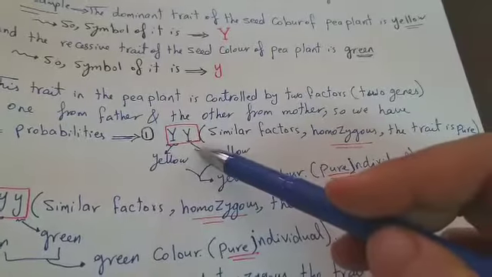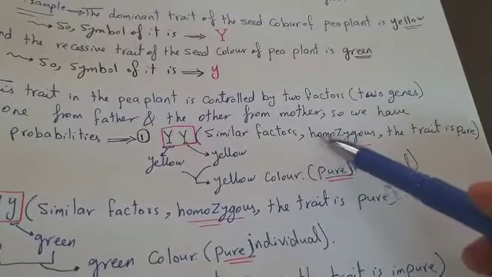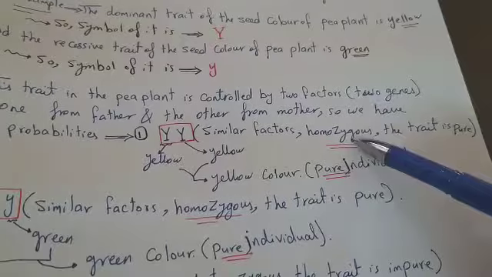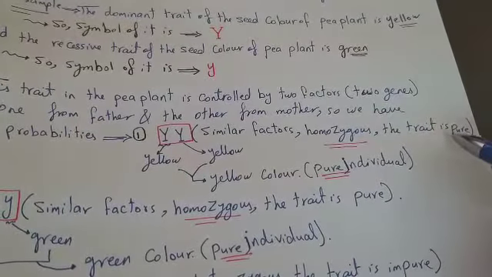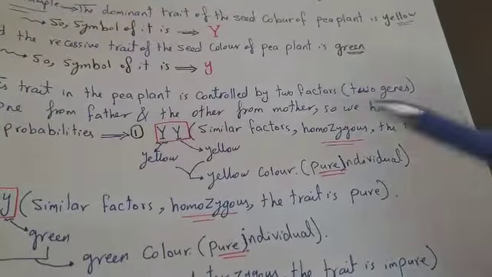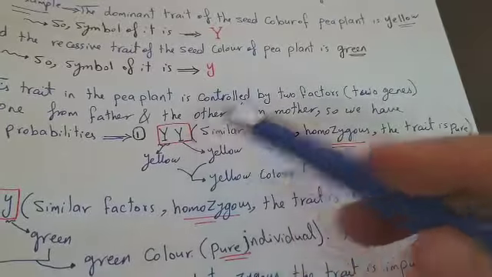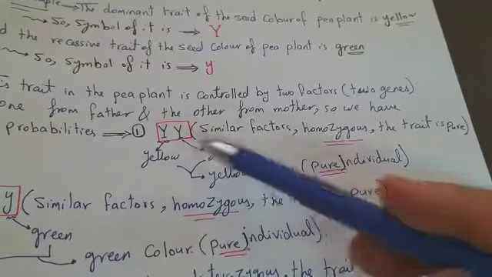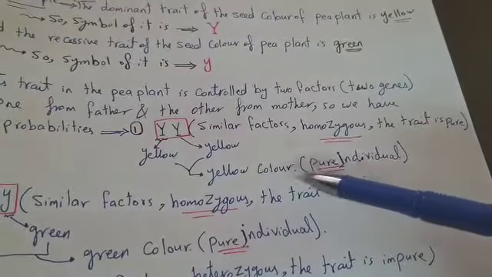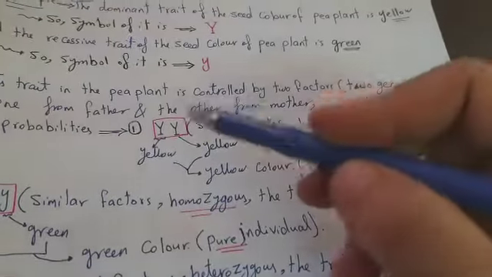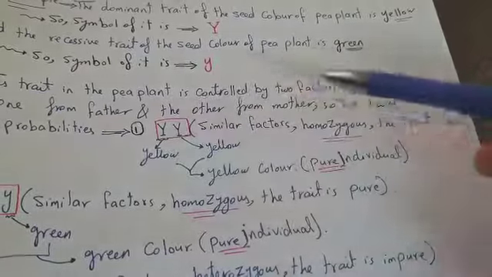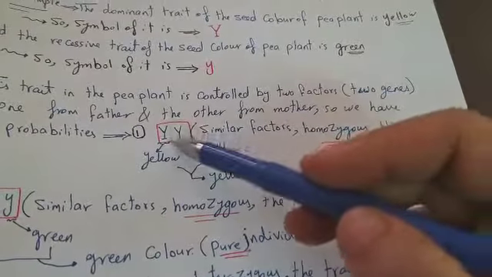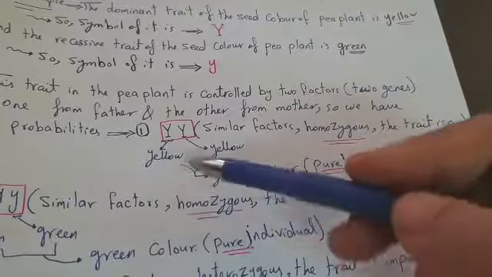They are similar, or we can call them homozygous, or the trait here is pure. What is the meaning of pure? They are similar. There is no difference between them. So finally this is called yellow color, or pure individual. This individual has a pure trait, pure color, yellow.